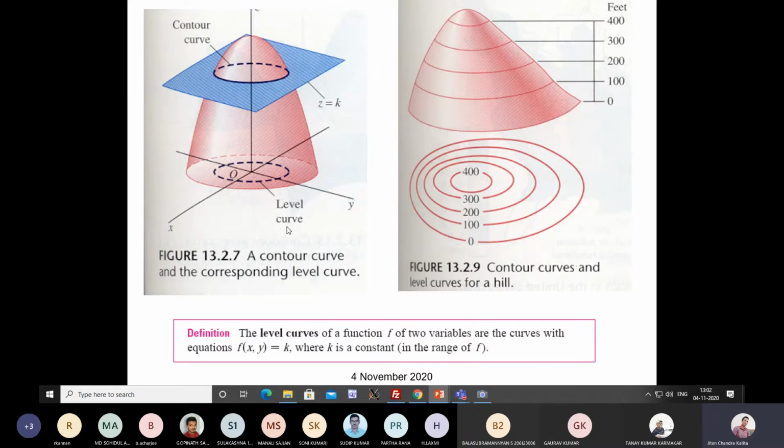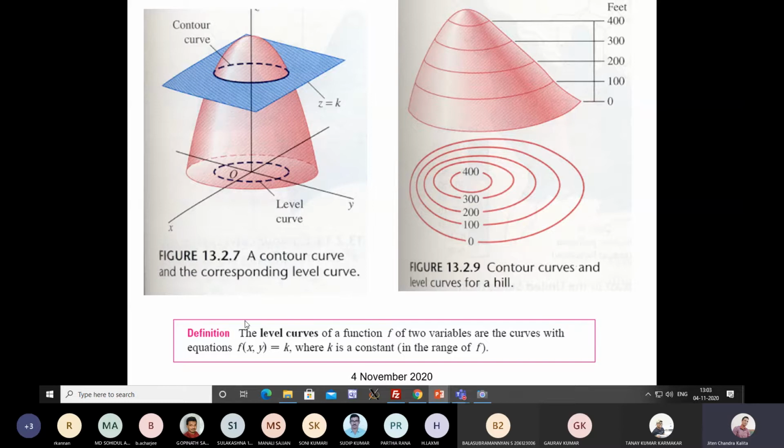level curve. So for example, say this is a function of two variables, and the graph was a surface. Now if you intersect this surface with some z equal to constant, right?